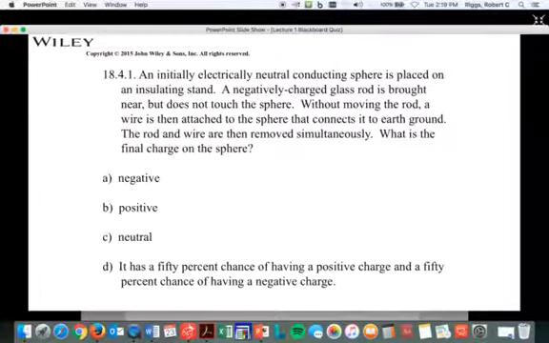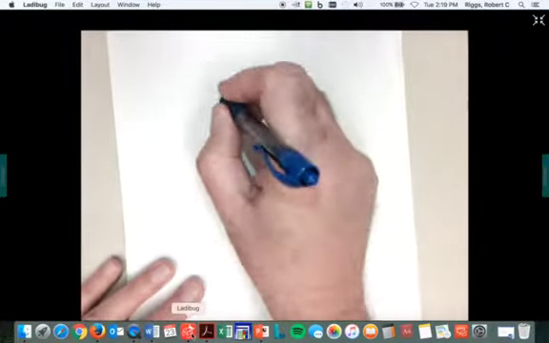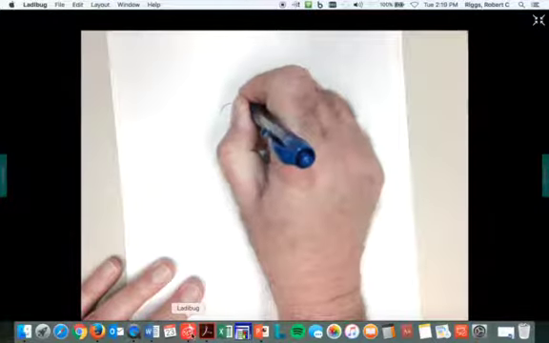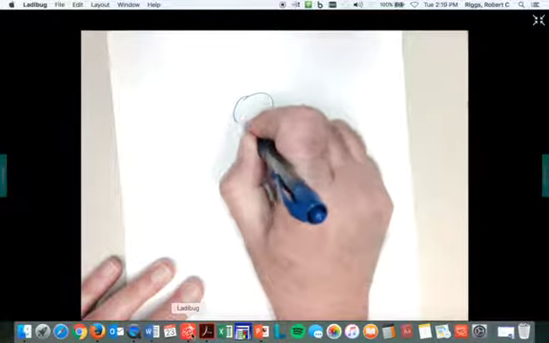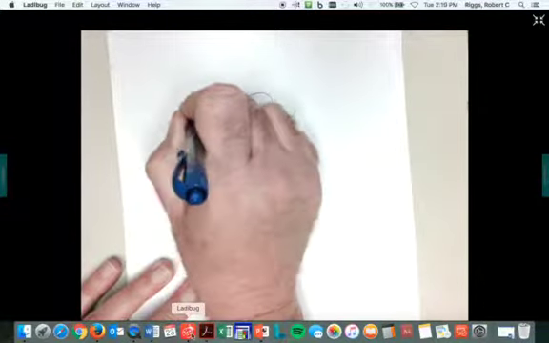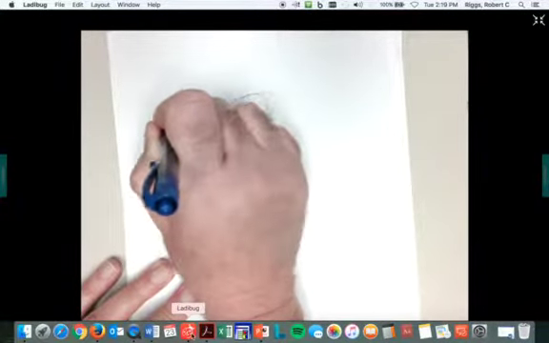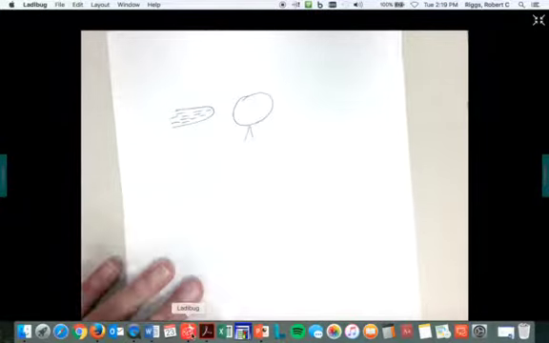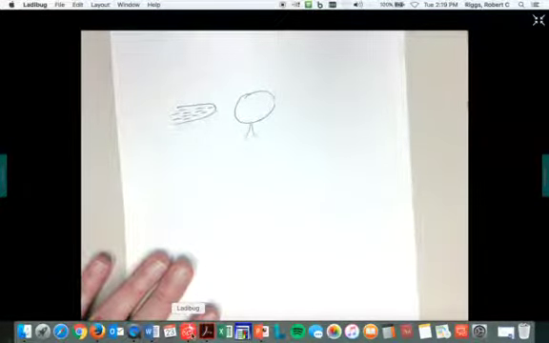Well, let's just take a look. Here's the drawing. Here's what's going on. It's neutral, sitting here. So I bring in this negative rod. Now, what's going to happen?